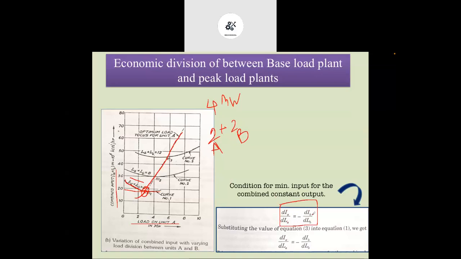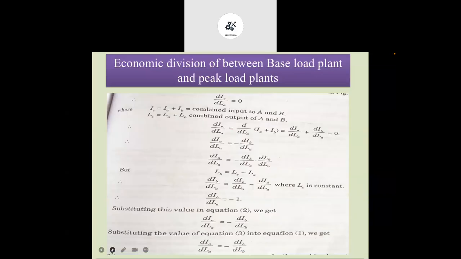Not just the single individual efficiency of that particular base load power plant or peak load power plant. We have to consider the overall efficiency given here. The condition for this minimum input is obtained using this formula: the change in input divided by the change in load for A is equal to minus the change in input divided by the change in load for the B power plant.